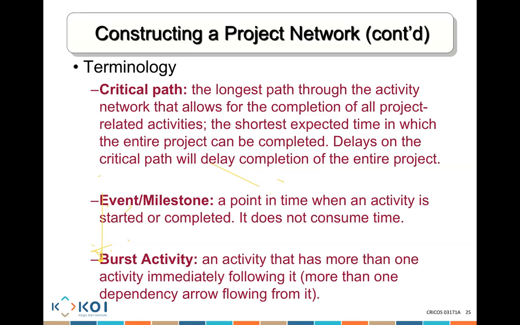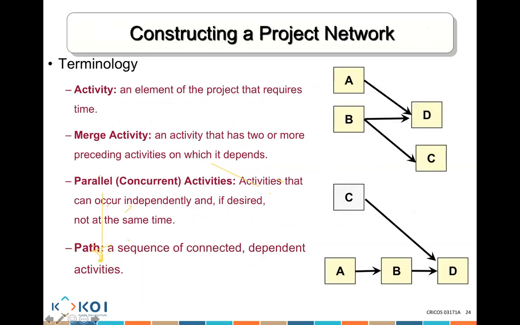A burst activity is an activity that has more than one activity immediately following it. Okay? More than one dependency. So it's not merging, it's bursting. That's how we burst. It is really opening the hands. So you can see, for example, activity B is opening its hand, and the activities after it are D and C. In contrast, activity D is merging.